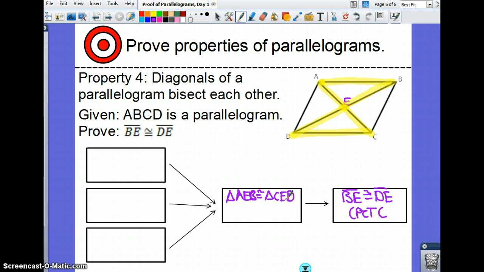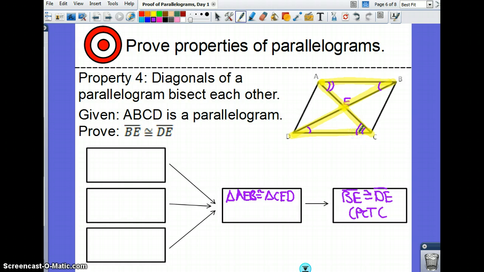This is going to be by, well, let's think about this for a sec. We're given that it's a parallelogram again, so we know that we have this line parallel to this line, which means I've got another pair of alternate interior angles again. I've also got this other transversal drawn in right here. That means that these are alternate interior angles as well.